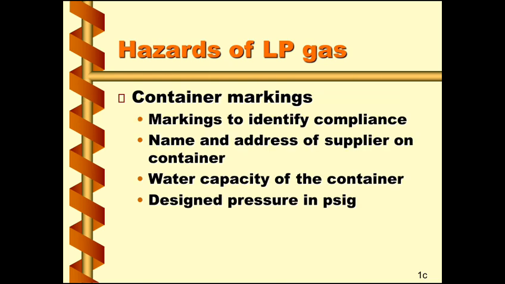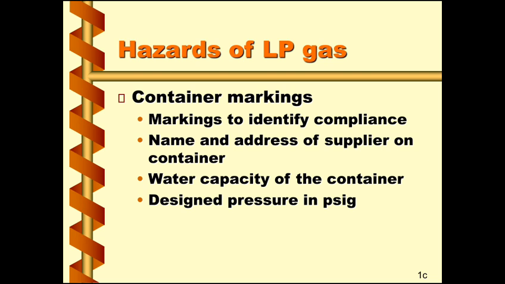And container markings. What markings are available on the LPG cylinder? Markings to identify compliance, and the name and address of the supplier, should be properly written on the container, along with the water capacity of the container and the design pressure in PSIG.